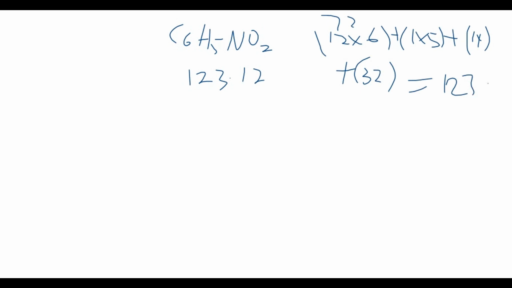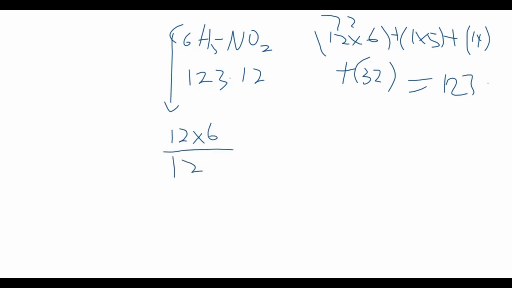Now if we want to find the percentage by mass for that of carbon, we are going to multiply the relative atomic mass of carbon by the number of atoms of carbon, and we are going to divide it by the total mass.